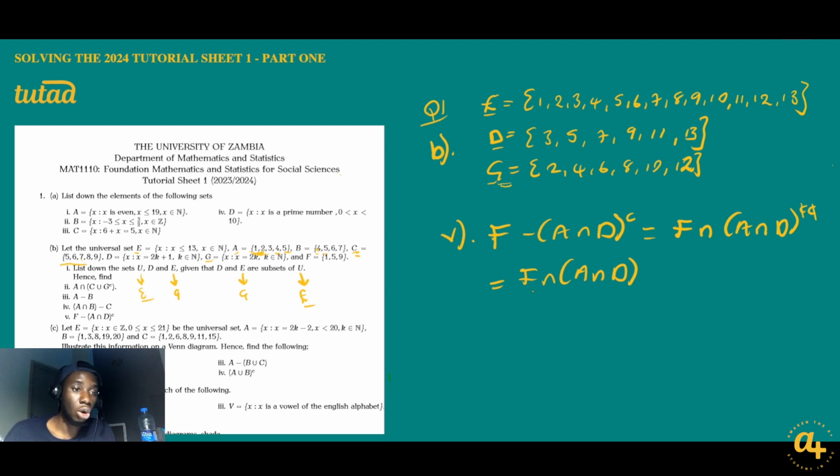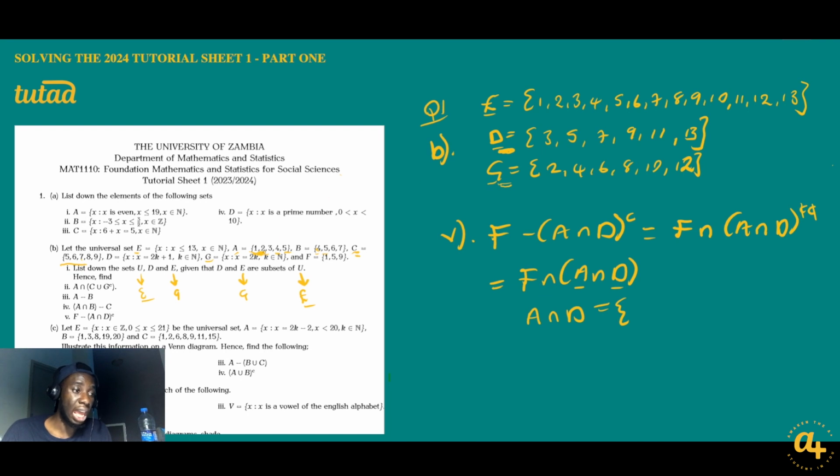So we already know what our set F is. We already know what our individual set A is and our set D. But now what we want to find is our A intersection D. So our A intersection D is basically what's common between the set A and the set D. Alright, so in our set A we have 1 here, and in our set D over here, we have no 1.